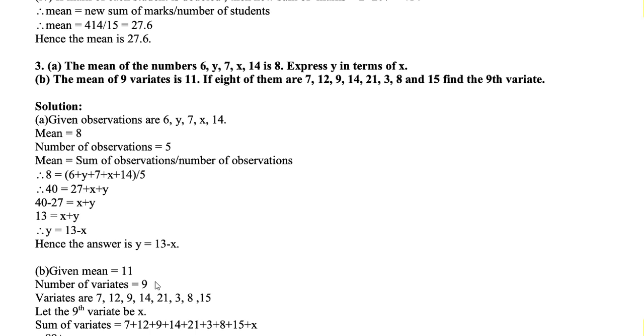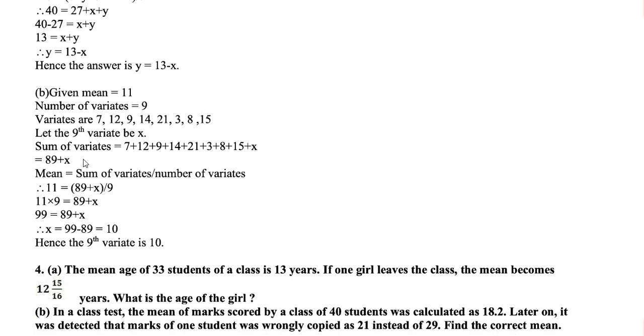The given mean is 11, and the number of variates is 9. We have to calculate the ninth variate. First we have to find the sum of variates. Take the ninth variate as x.